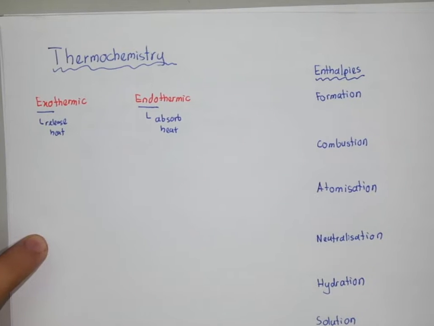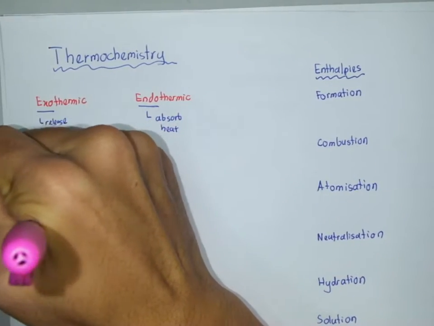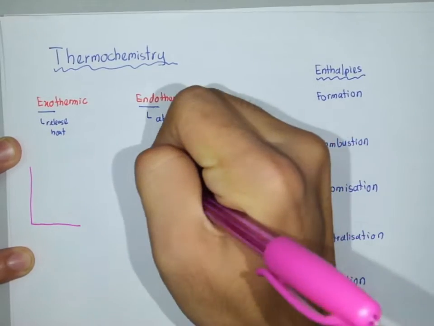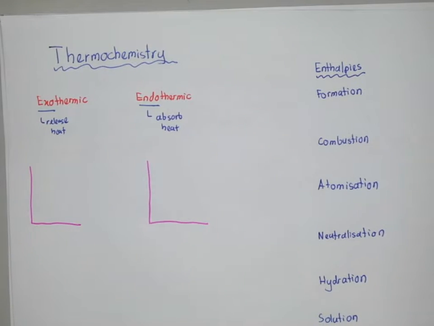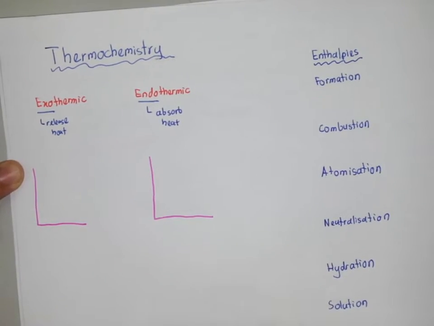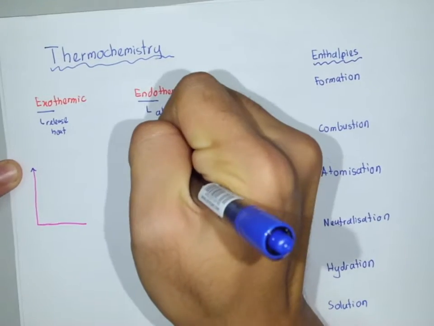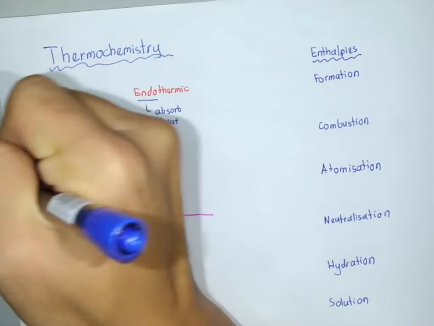So let's see. Energy profile diagrams always have two axes. The y-axis, usually kita akan letak energy lah.